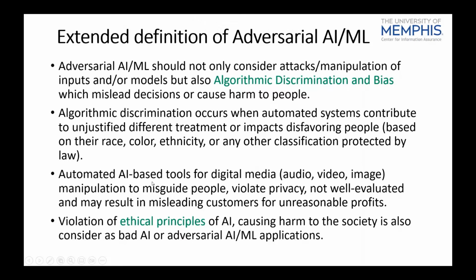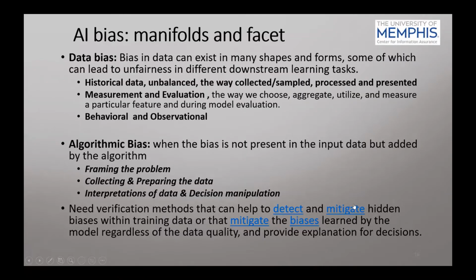Then automated AI-based tools for digital media, whether it's audio, video, or image manipulation to mislead people, privacy, not well evaluated, and may result in misleading customers for unreasonable profit. So this all constitutes the adversarial machine learning use.